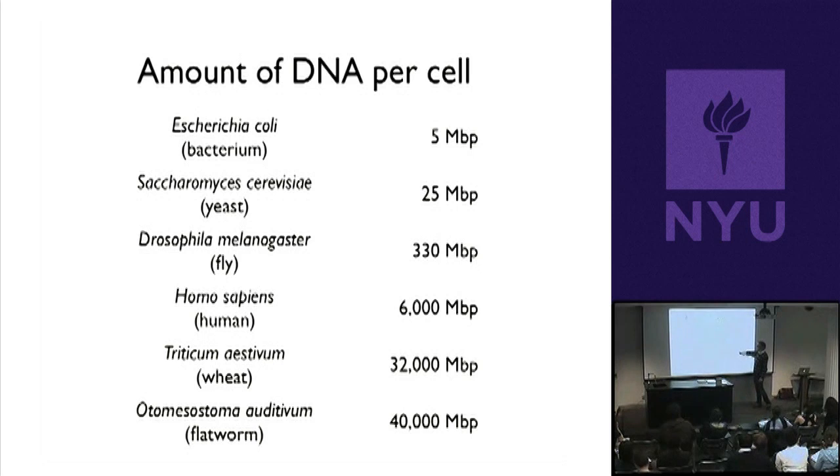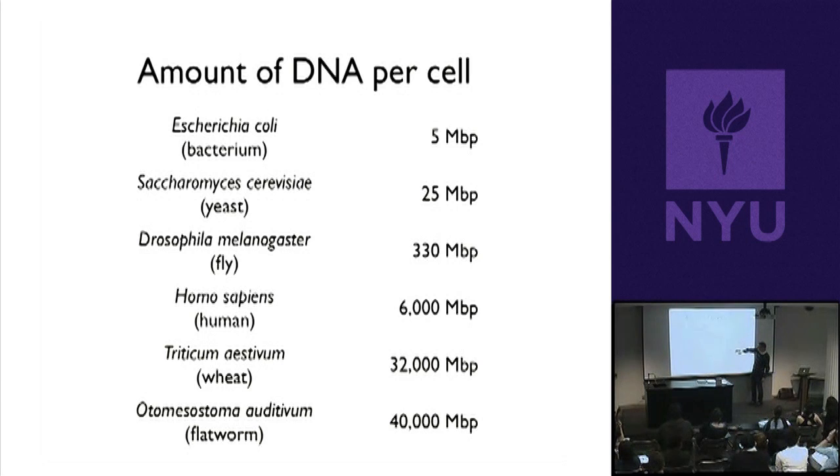Okay, and if we just went up to here, this would probably make sense to you, right? We're increasing in complexity from a bacterium to a yeast, which is also a very simple organism, but is more like us than it is like a bacterium. Up to a fly, which seems in some way more complicated than a yeast, but not quite as complicated as us.